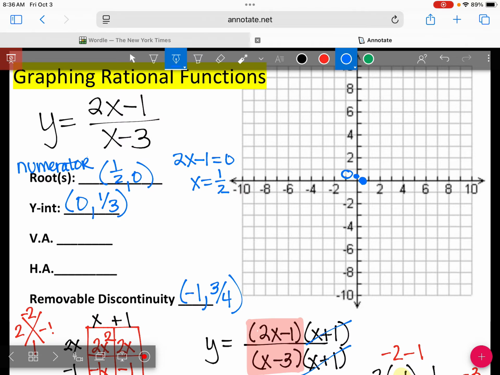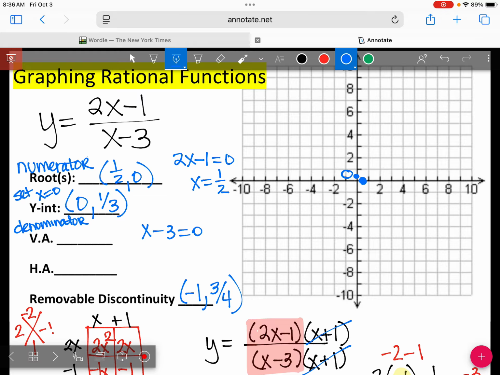All right, vertical asymptote. How do we find that? Denominator. So my denominator is x minus 3, because remember, x in your denominator is a red light.